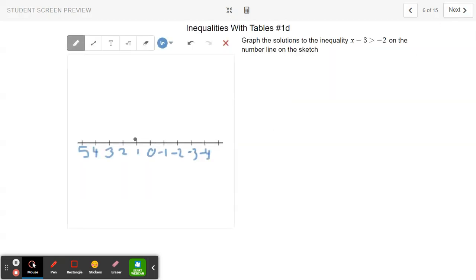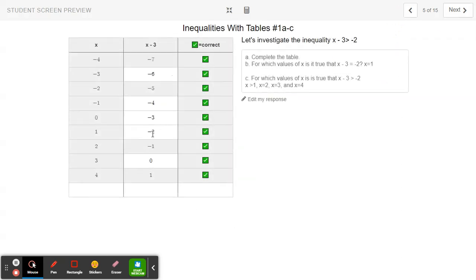So the answer had to start here and go this way. As soon as it got larger than 1, it made the inequality true. Notice I have this circle open because that means it doesn't include 1. Remember, 1 is what made it equal to negative 2, and this says it can't be equal. It has to be greater than.